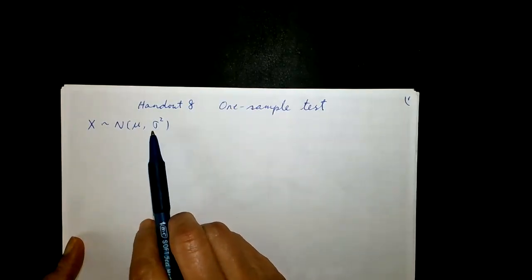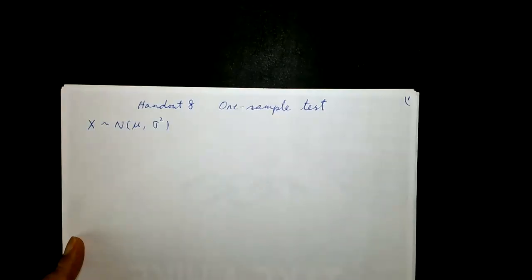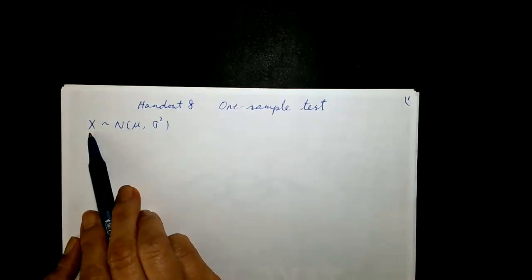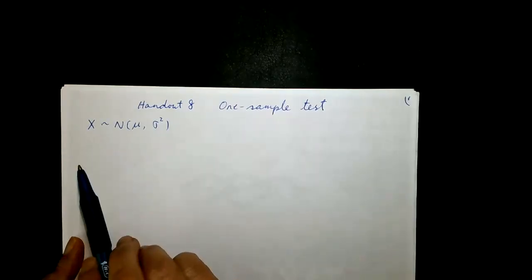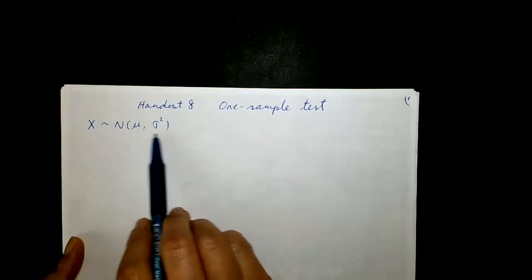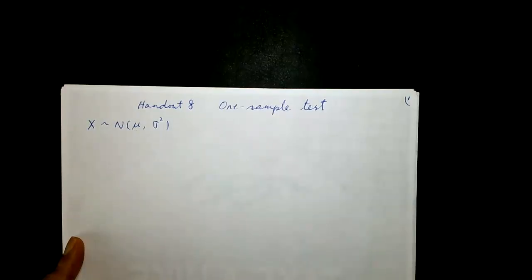Just keep in mind whenever you hear population, that means it's the distribution of the variable. When you hear sample, sample mean and sample variance are not these two. They refer to whatever you get in your real life from the sample you have.